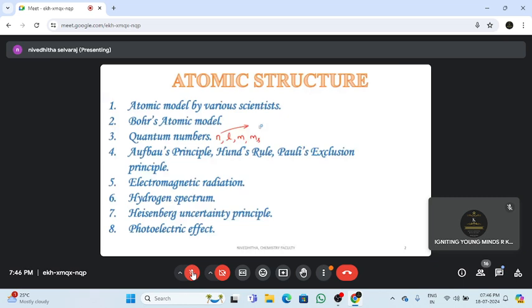For example, how many orbitals are present in fifth shell? Calculate and tell me how many orbitals are there in fifth shell. Basically, what is the formula to calculate number of orbitals in a given shell?